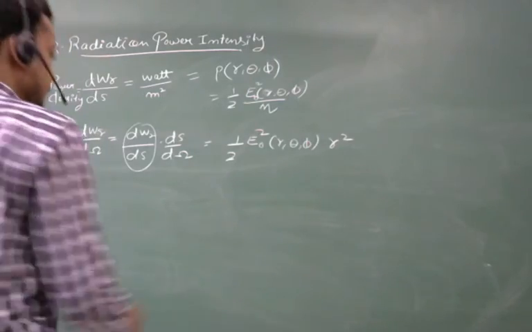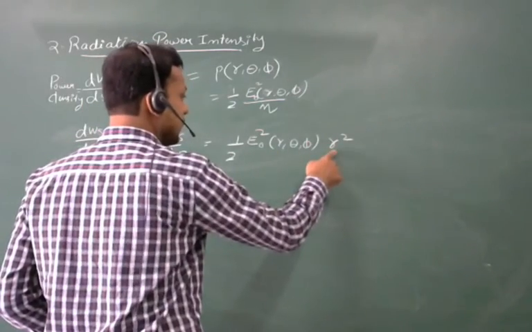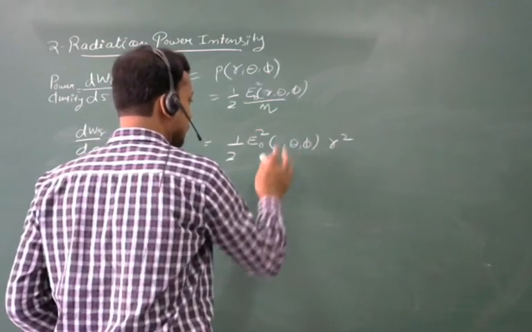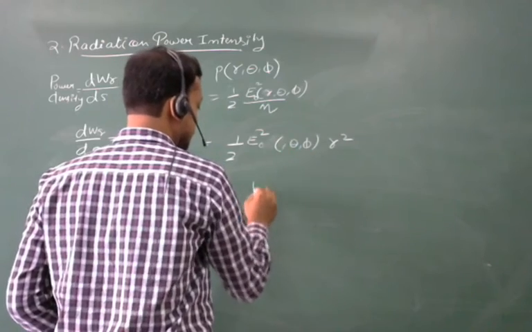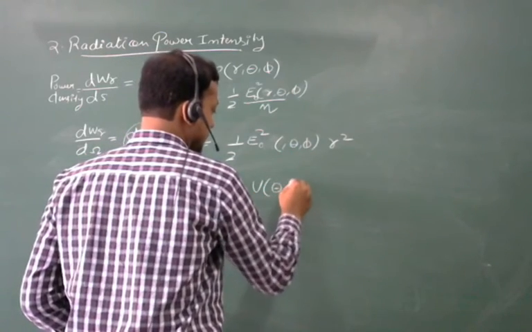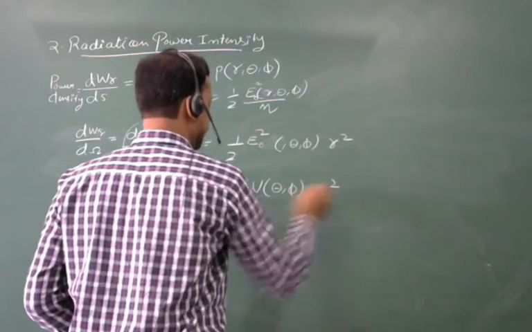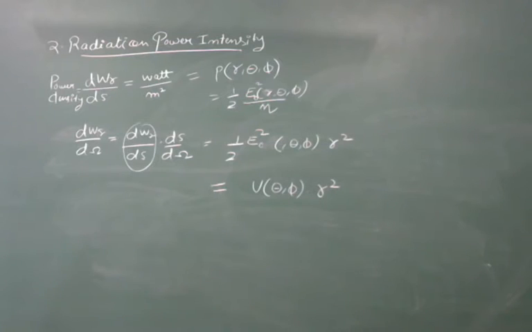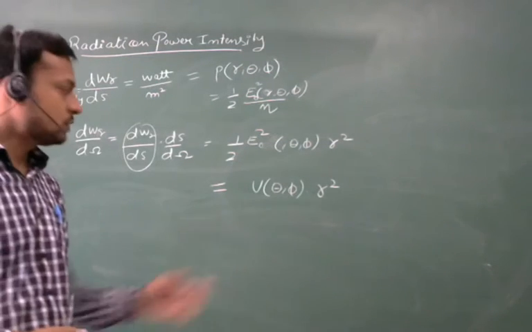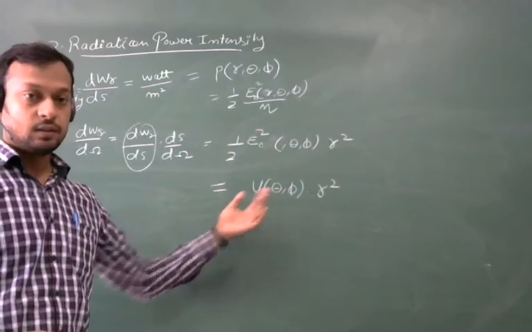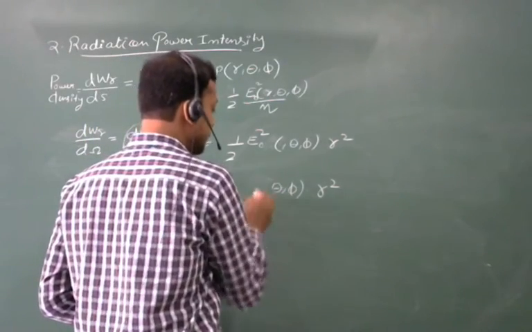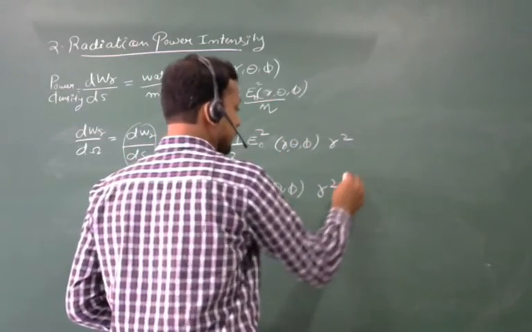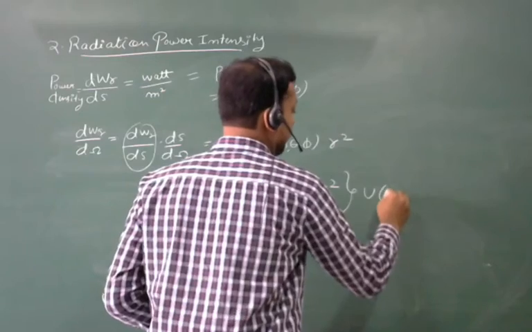So here the r square term appears, and the intensity has no magnitude dependence. So this is U of theta comma phi into r square, that is P of r, theta, phi, and this is U of theta, phi.